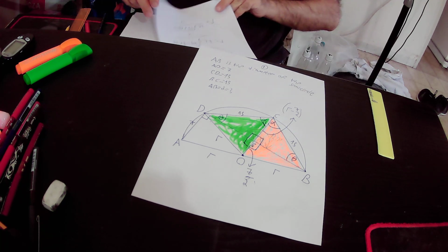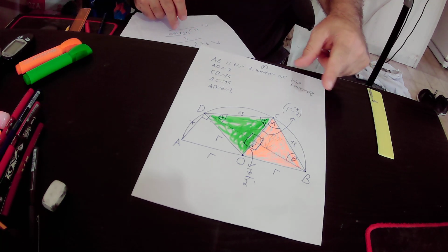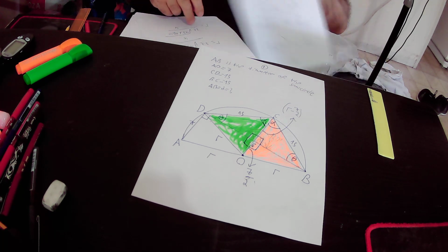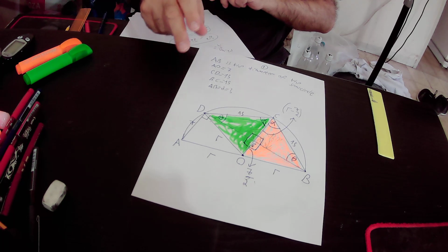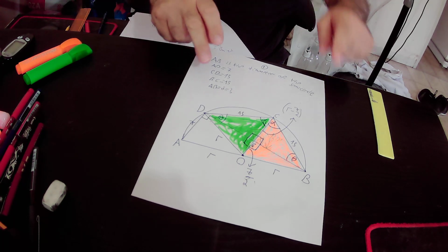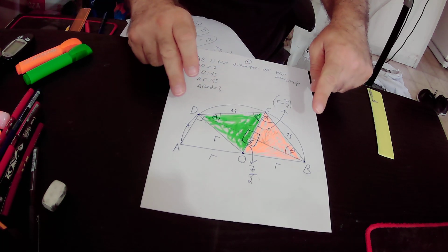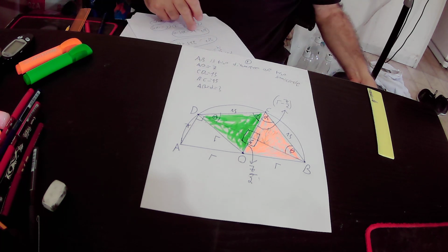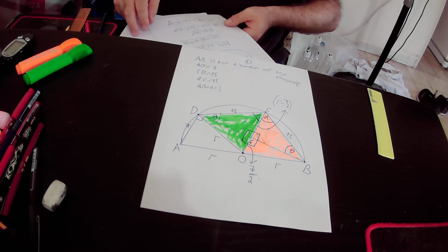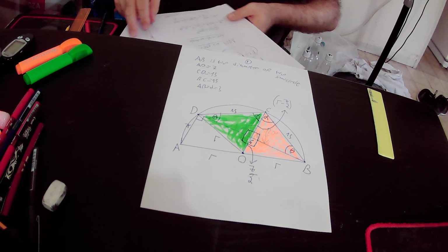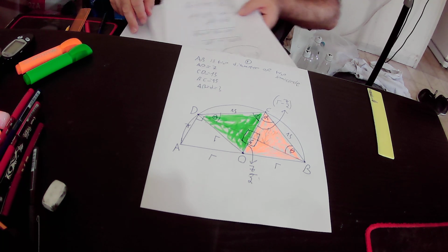We know that CB equals 15 units, CD equals 15 units, and AD equals 7 units, and AB is the diameter of this semicircle, and we want to find the value of AB.